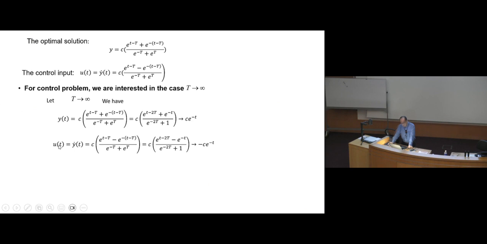What is the relation between the input and the output? How do you express the input as a function of the output? U equals, look at this. Y is c e to the minus t. This one is minus c e to the minus t. U equals minus y, right? So it becomes clear. Actually, you have the input equals minus y.